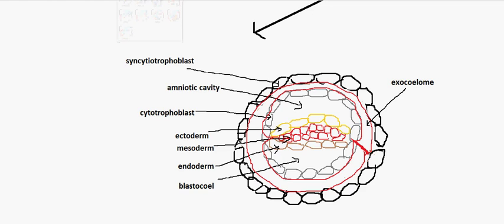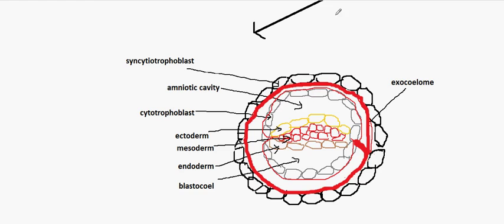Let me choose brush, with the maximum size. This is forming another layer around the embryo, as you can see. It is the mesoderm splitting only, and this is called the chorion layer. You may have heard the name, but this is how it develops.